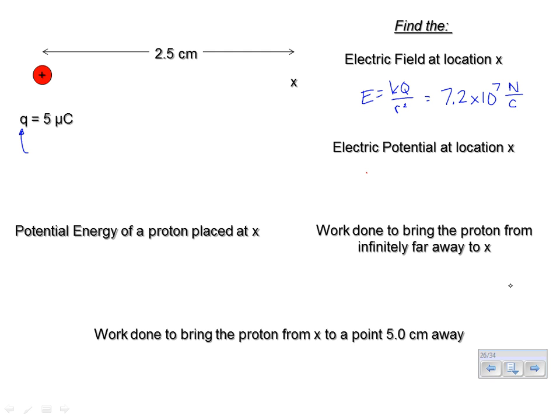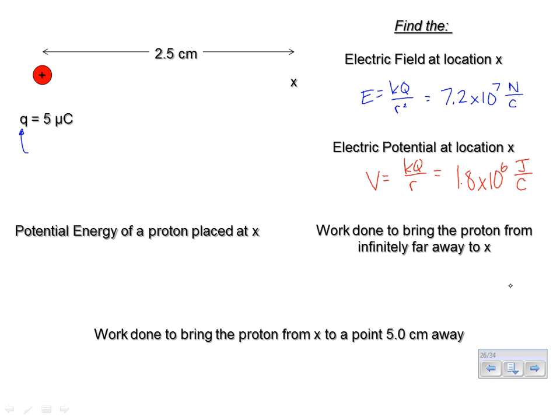That's V, and we do that as kQ over R. So that's going to be 9 times 10 to the 9th times 5 times 10 to the negative 6th, divided by just 0.025. 1.8 times 10 to the 6th. And again, what's our unit for potential? That's joules per coulomb.